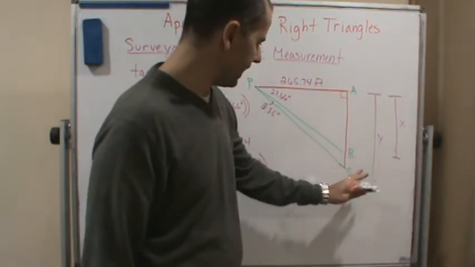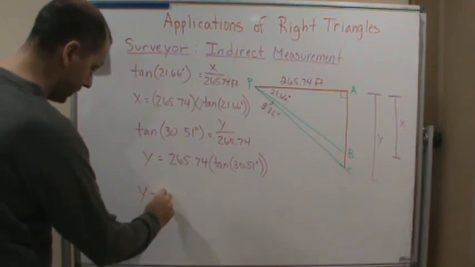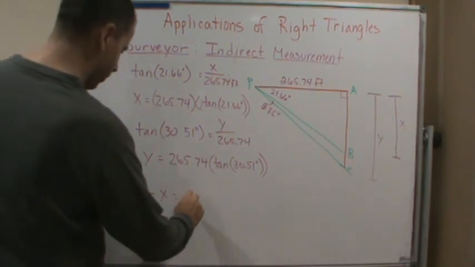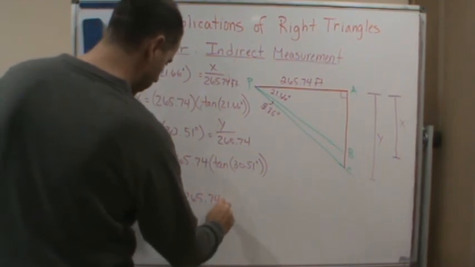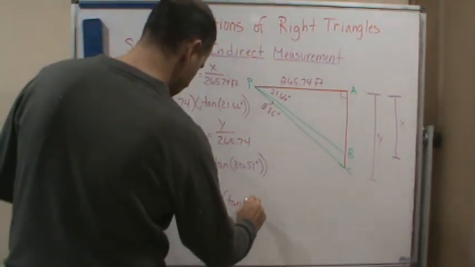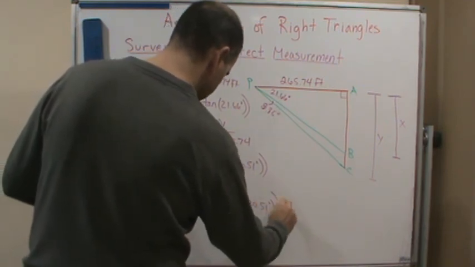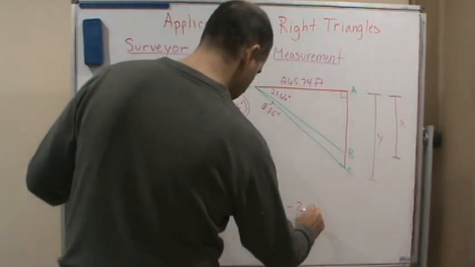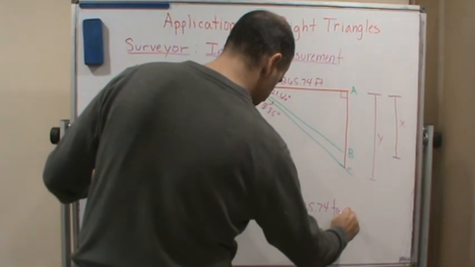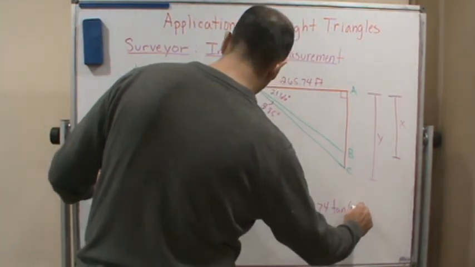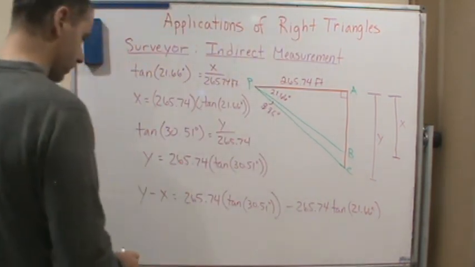What's BC? It's Y minus X. So Y minus X is equal to 265.74 times the tangent of 30.51 degrees minus 265.74 times the tangent of 21.66 degrees.